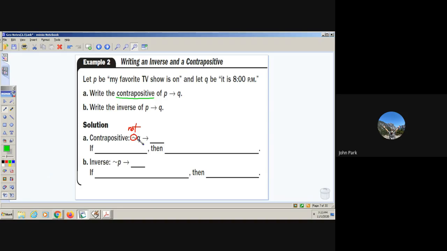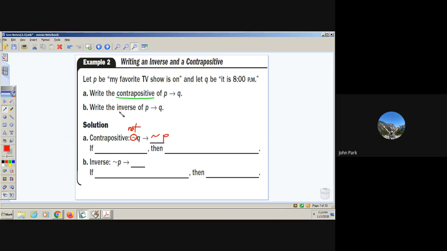Notice the Q is first, and then put a not in it. So this will be not Q implies not P, or you could read it as if not Q, then not P. And then you would just replace that with the phrase that's given to you here.